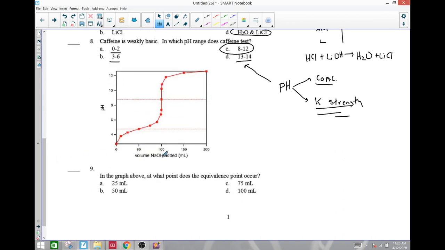All right, next one. In the graph above, what is the equivalence point of the curve? This was mentioned in a video. It's not something we're going to see a lot of, but it's a pretty simple idea.